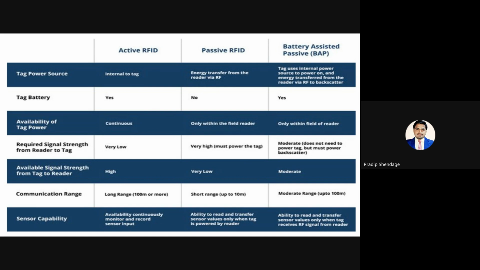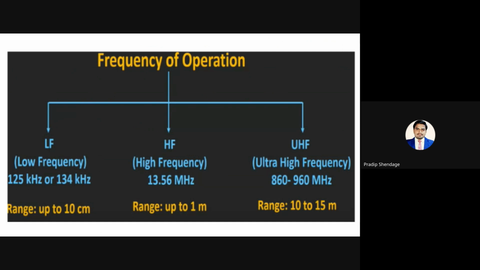Sensing capability of active tags is continuous monitoring and recording of sensor input. For passive, it is the ability to read and transfer sensor values only when the tag is powered by the reader. For battery assisted passive, it is only when the tag receives radio frequency signals from the reader. This is the basic difference between active, passive, and battery assisted passive tags.